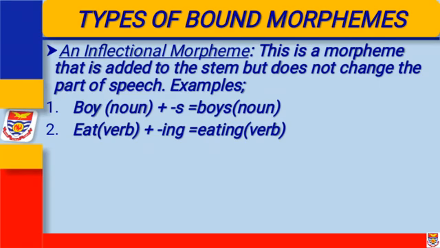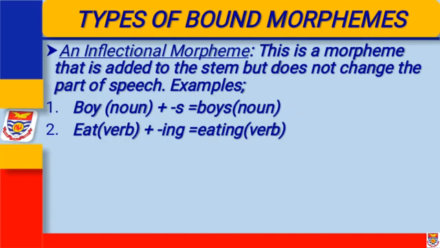So here we mean if the word is a noun, after adding the inflectional morpheme, we also have to get a noun. If an adjective, after adding the inflectional morpheme the end result should give us an adjective.